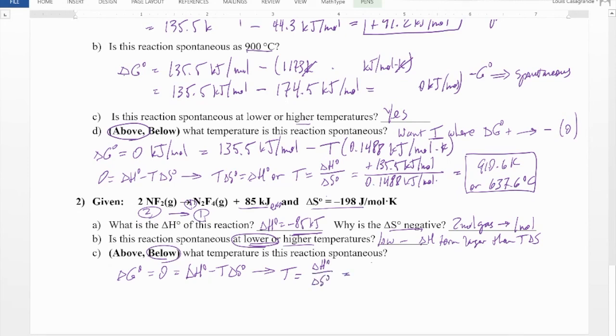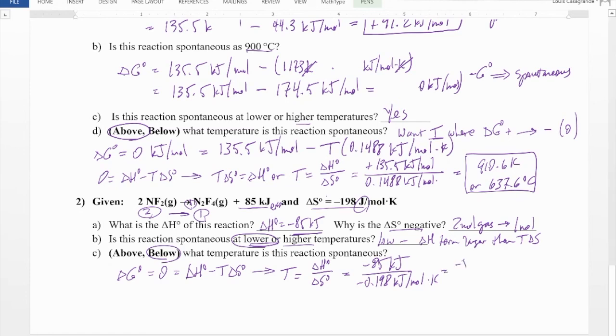And the temperature is negative 85 kilojoules divided by negative 190. I almost messed up. That's joules, so 0.190 kilojoules per mole times Kelvin. Notice they're both negative, and that's going to be true for all of these problems: if they're both negative or both positive, you're going to get a positive temperature.